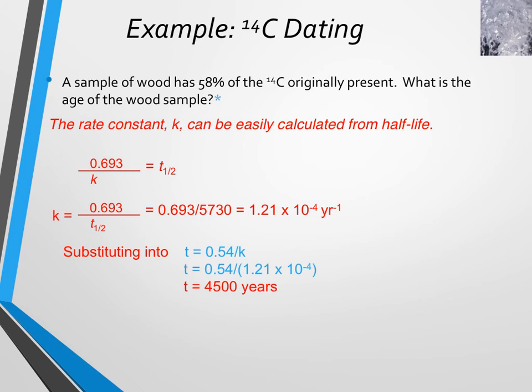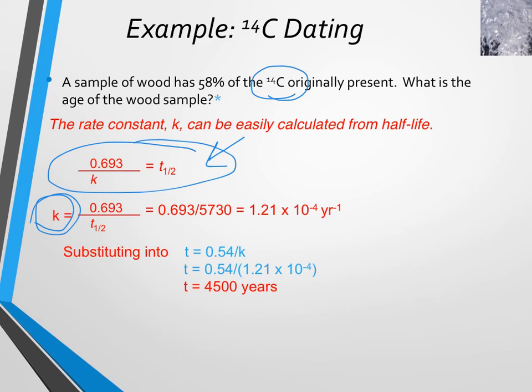So here's the expression for half-life for a first order reaction, and from this we can rearrange and solve for the rate constant k. The problem should have given you the half-life for carbon-14. I may have left it out, but we know what it is, 5,730 years, and that tells us that the rate constant for carbon-14 radioactive decay is 1.21 times 10 to the minus 4.